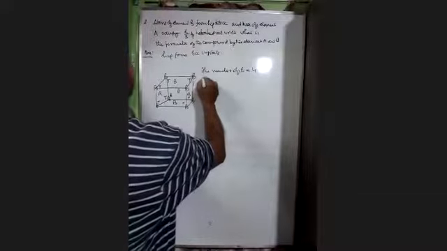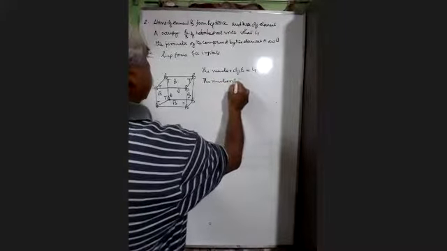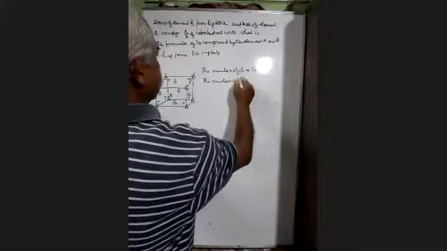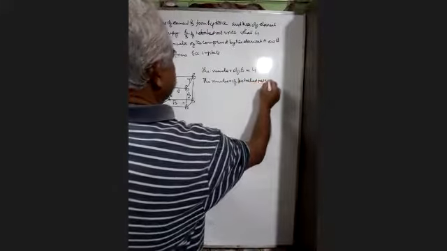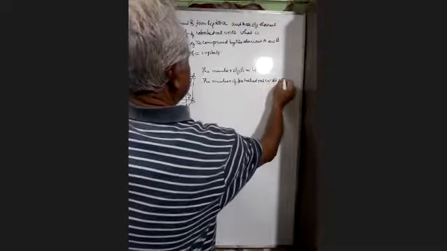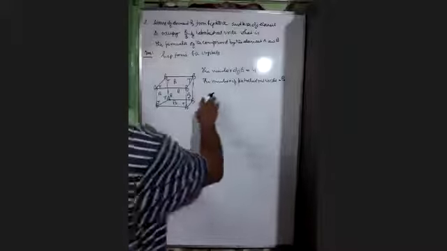Then the number of tetrahedral voids is equal to what? It is 1:1:2, or not? So what is the number of tetrahedral voids we have? 2 into 4, 8. Okay. So now we can write here.